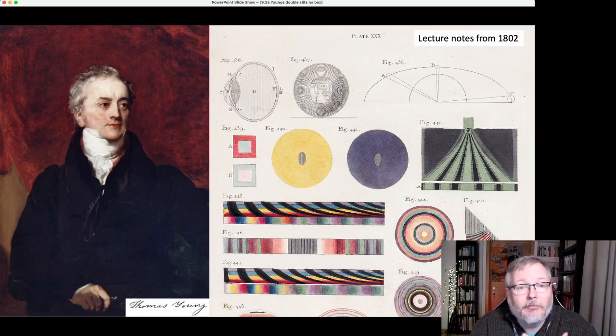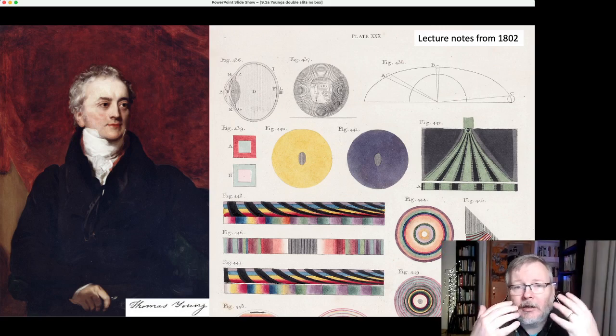He worked in several areas. He worked in medicine, obviously. He was a doctor. He made discoveries relating to engineering, tuning musical instruments, Young's modulus in engineering. He made a great decipherment of Egyptian hieroglyphics.